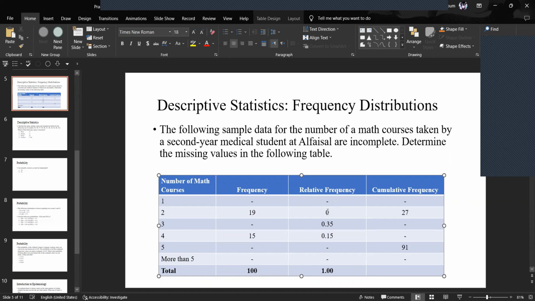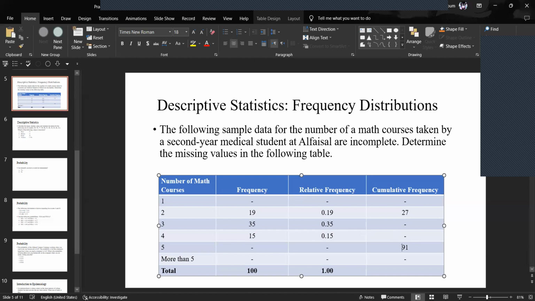So for this one, it's 19 divided by 100, so that's 0.19. And then we have this row complete. For 0.35, we have to work backwards. Whatever this number is divided by 100 is equal to 0.35. Working backwards, 0.35 times 100 gives you 35.